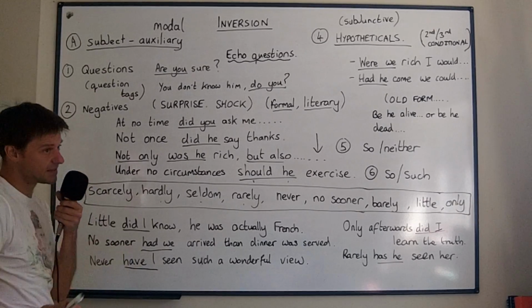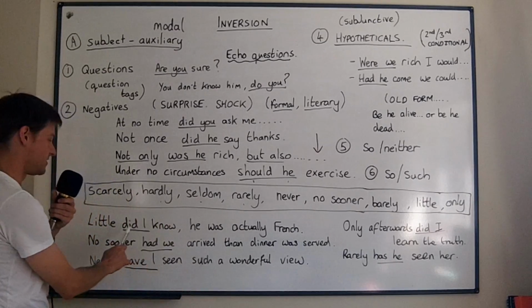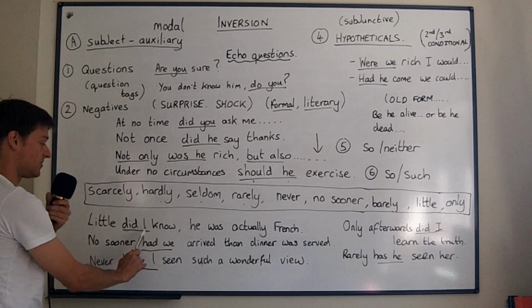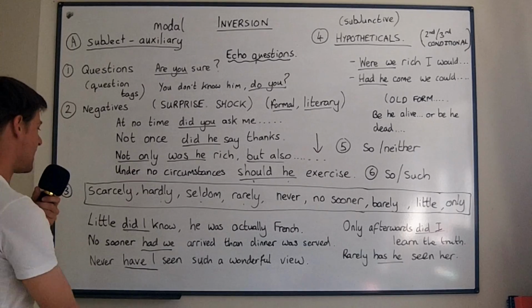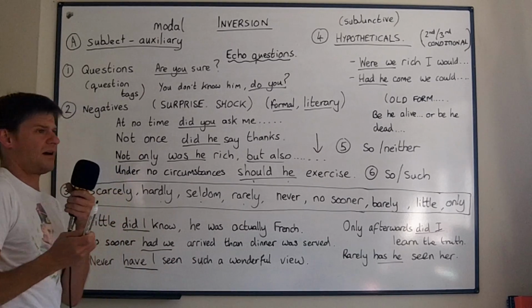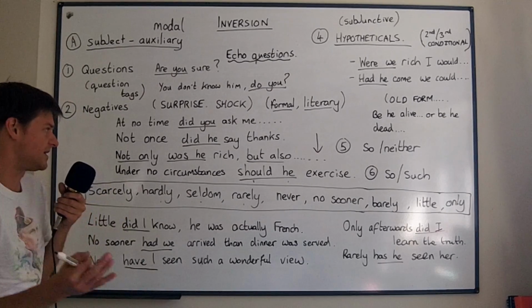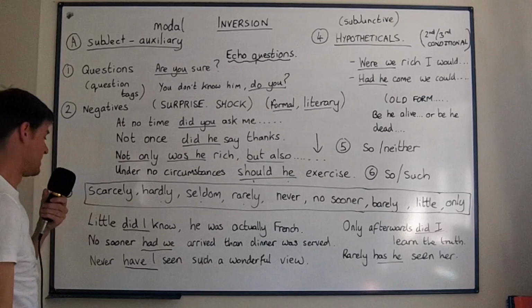Sometimes just surprised, like little did I know he was actually French, or so little did I know. We're inverting the auxiliary and the subject, and we're trying to emphasize that I didn't know that he was French at all. Yeah, it's making it stronger, and again it sounds literary and formal.